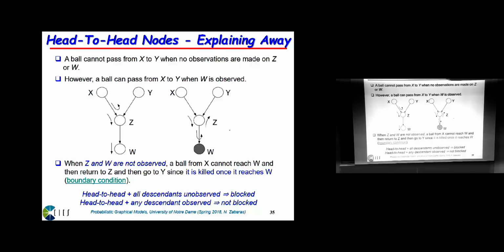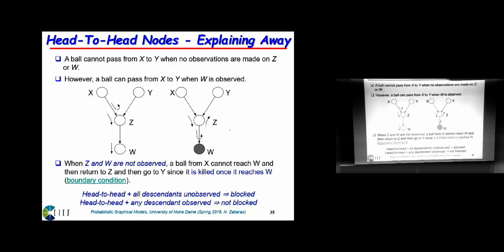What is my structure here? It is a V structure. So this is unobserved. What happens to the ball? What happens to the path here when I look at the two arrows going down like that? Can I go from X to Y? No, because Z is unobserved.